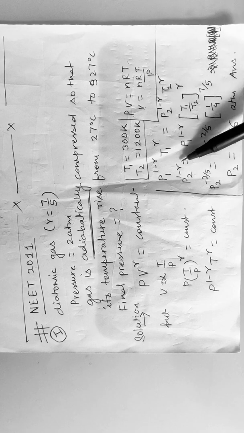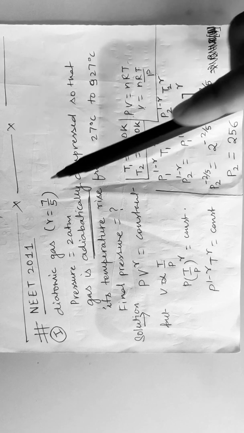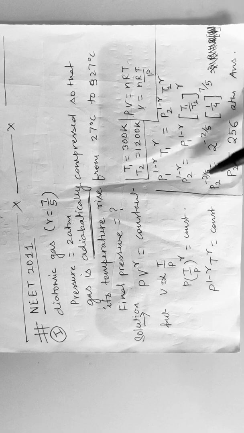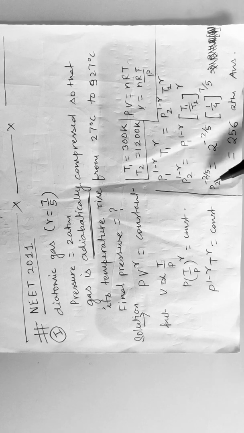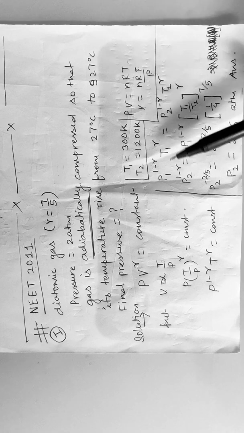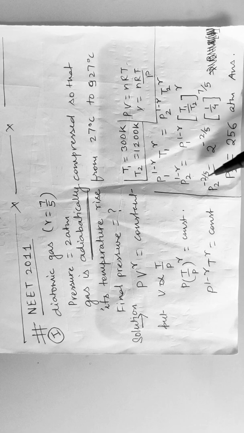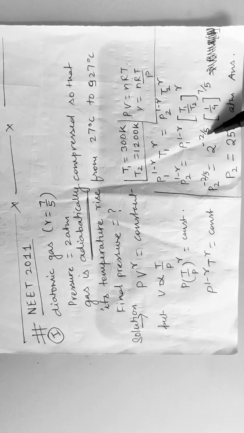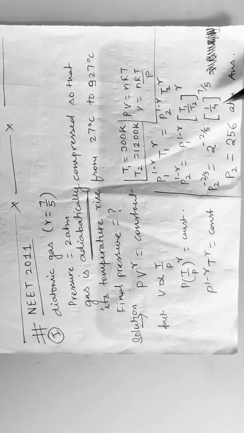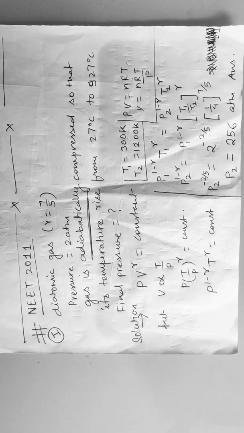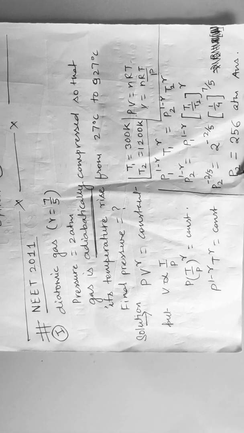Now gamma is 7 by 5, so 1 minus 7 by 5 is minus 2 by 5. So 1 minus gamma is minus 2 by 5, and we have put that here. Now I will tell you what we have done in this step. Just focus on the last step. In the last step, P2 has power minus 2 by 5. We have to make this power 1 in this last step.